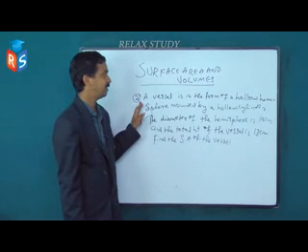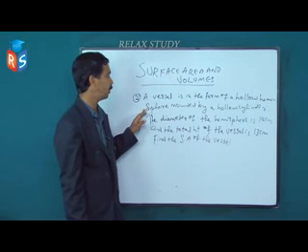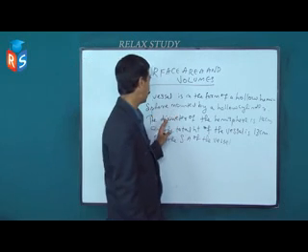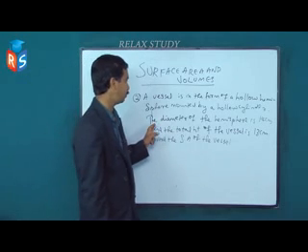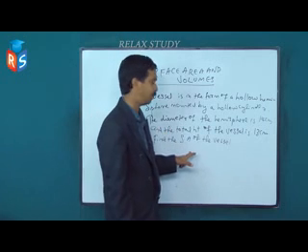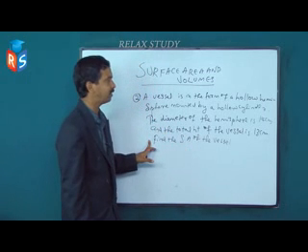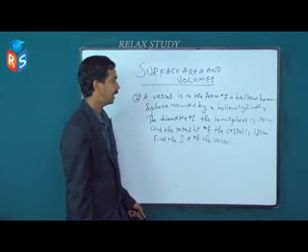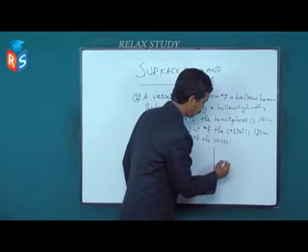I repeat, a vessel is in the form of a hollow hemisphere bounded by a hollow cylinder. The diameter of the hemisphere is 14 centimeter and the total height of the vessel is 13 centimeter. We have to find the surface area of the vessel. Here I draw a rough figure.